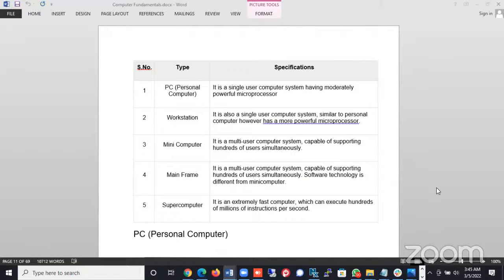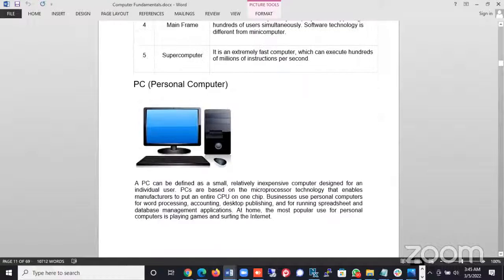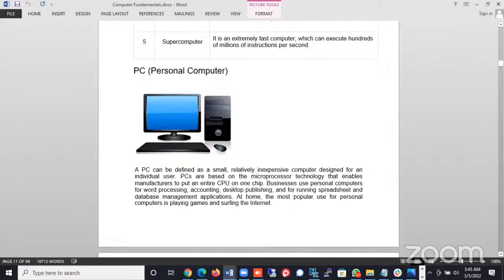So when you look at my screen, we have the personal computer, defined as a small, relatively inexpensive computer. When you see the computers in the data centers, the prices of those computers, the mainframe, the workstation, are much more expensive than your own personal computer.